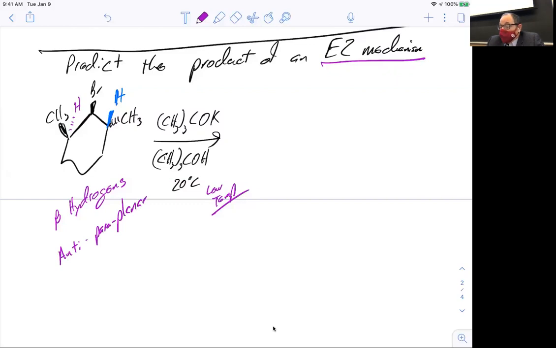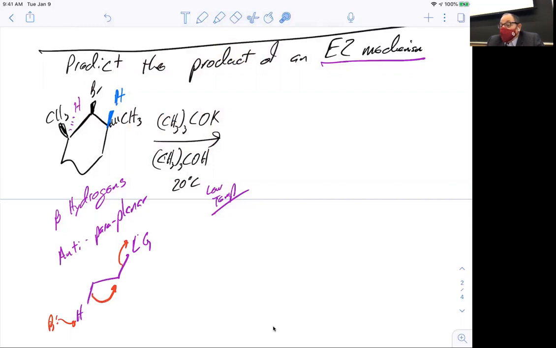So that means we need our leaving group and our hydrogen on opposite sides, because the base is going to pull that proton and the electrons are going to have to come in from the backside. So of these two hydrogens, which one can form an anti-periplanar arrangement to that bromide?